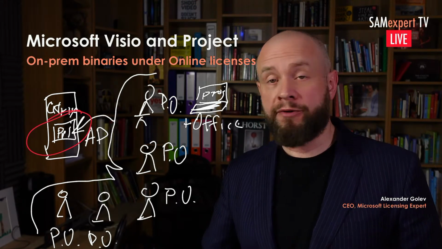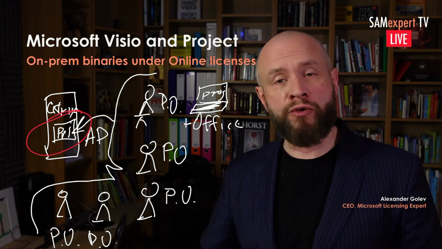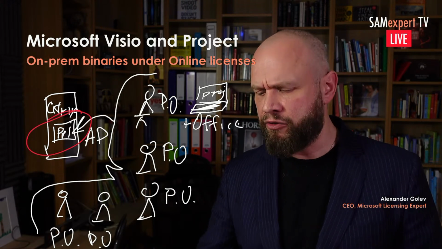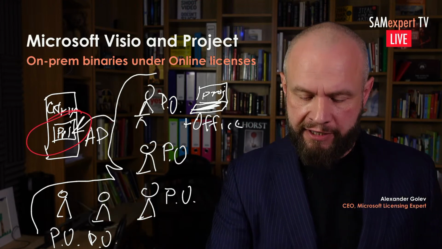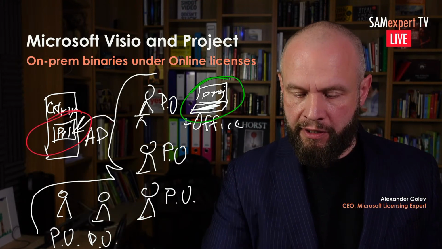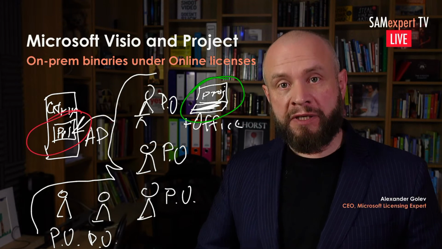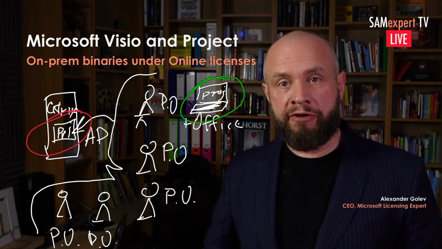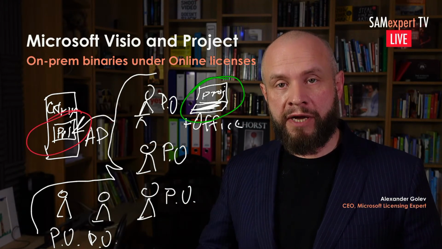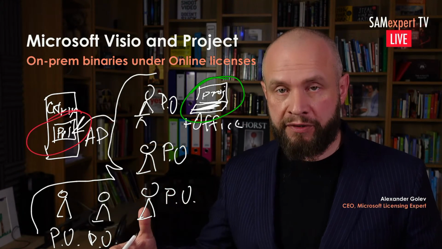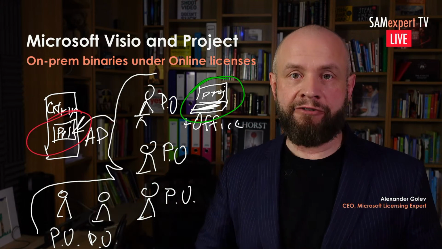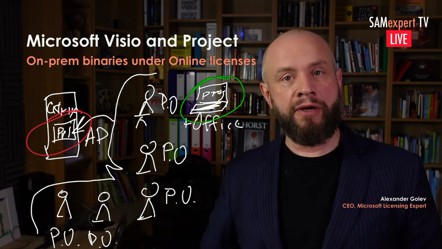It's installed on a terminal server. Therefore, this rule does not extend to terminal servers. And you may argue, Alex, common sense, this device is a licensed device. But then Project must be installed and run on the licensed device. Users may install and run Project 2016 under an online subscription on a licensed device that is also licensed and running Office Standard.